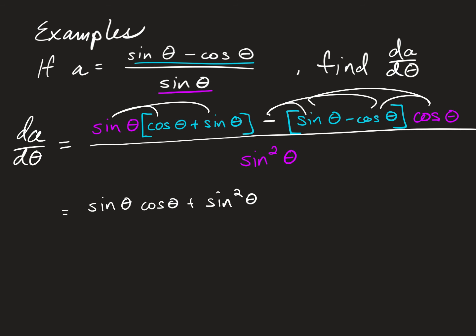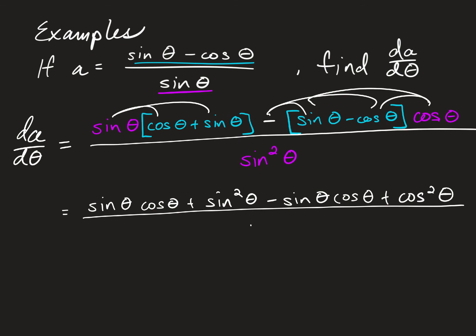Let's see, we will get minus sine theta cosine theta plus cosine squared theta, all over sine squared theta. Okay. Now we look for like terms.